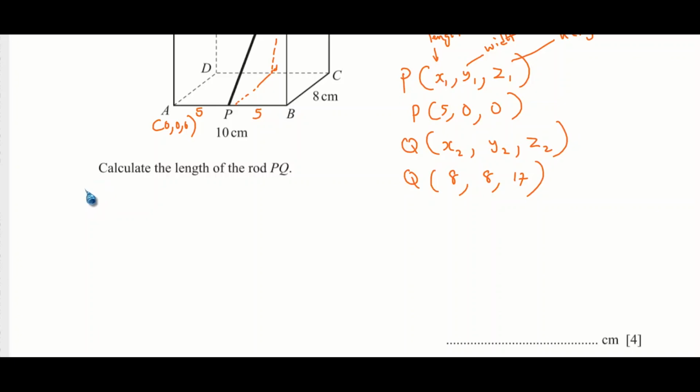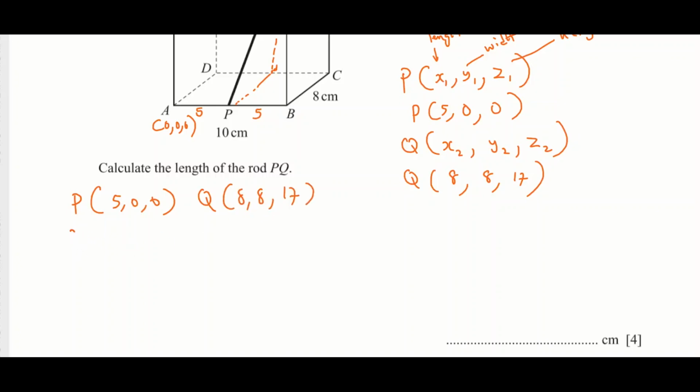So for point P, I have 5, 0, 0. For point Q, I have 8, 8, 17.